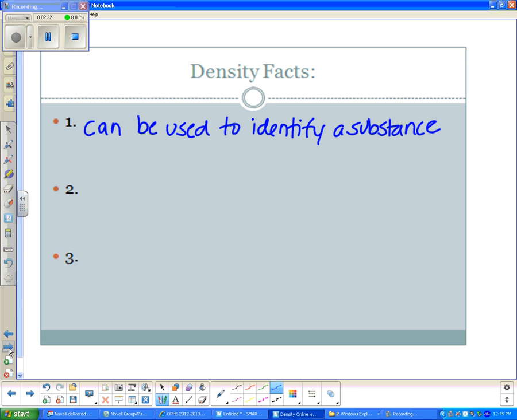Another little fact that we want to keep track of is density changes with temperature. And the best example to think of is, why don't you get yourself a glass of ice water? In that ice water, you have water in its liquid form and you have water in its solid form.